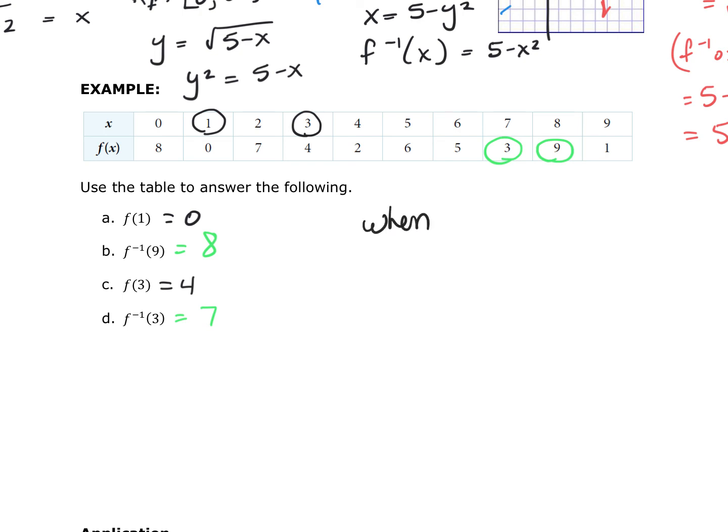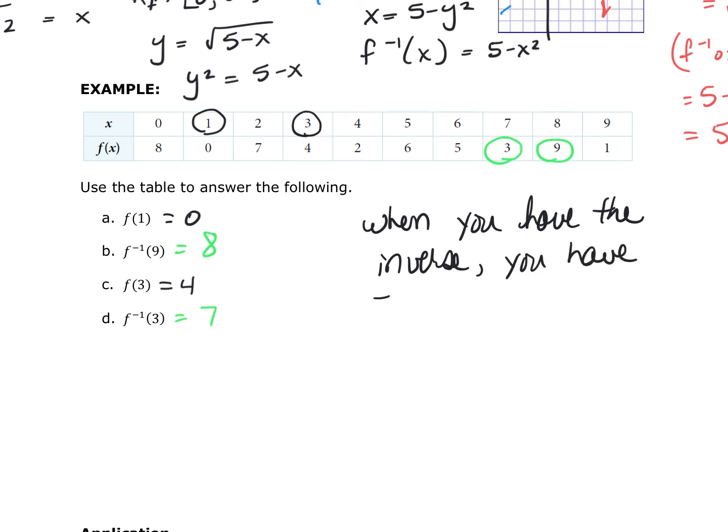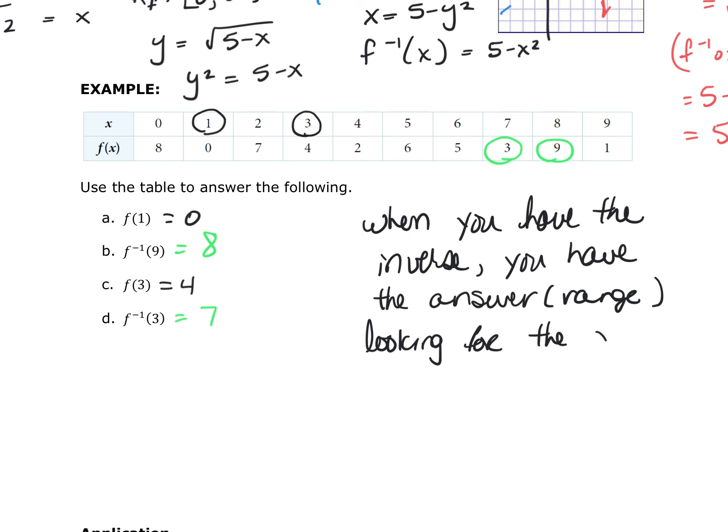When you have the inverse, you have the answer, or the range of the original function, right? And you are looking for the x value associated to that in the original function.